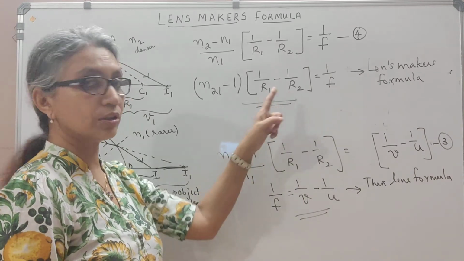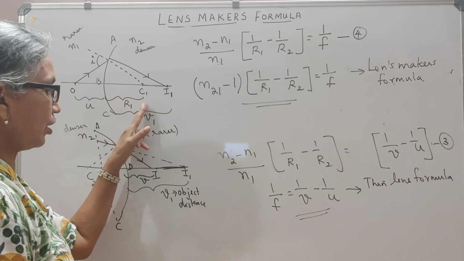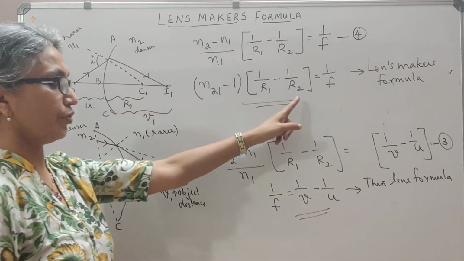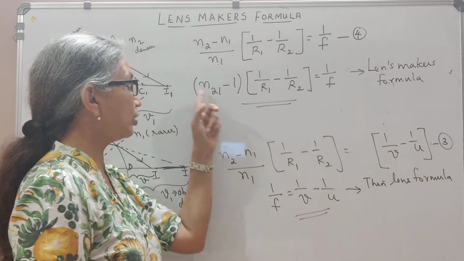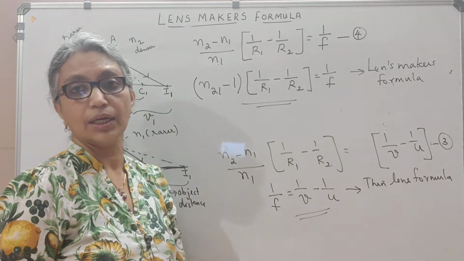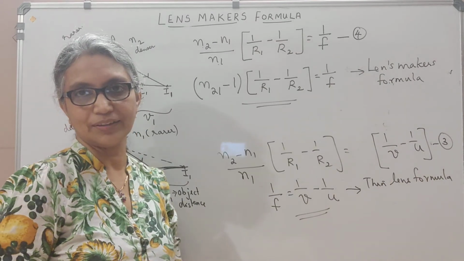Here we have R1 and R2, the radii of curvature. First surface, radius of curvature is R1. Second surface, radius of curvature is R2. N21 is the refractive index, where N2 we took as a denser medium, and N1 we took as a rarer medium. So that is the lens maker's formula.